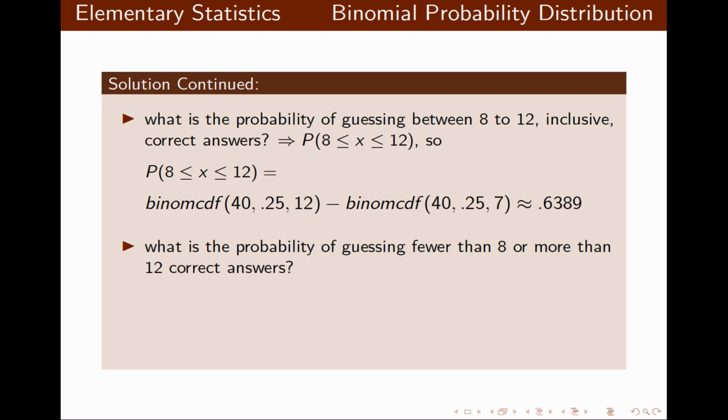And finally, what's the probability of guessing fewer than 8 or more than 12 correct answers? Fewer than 8 will be x is less than 8, or more than 12 correct answers, so that would be x is greater than 12.